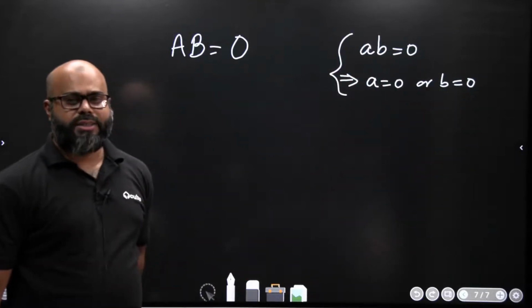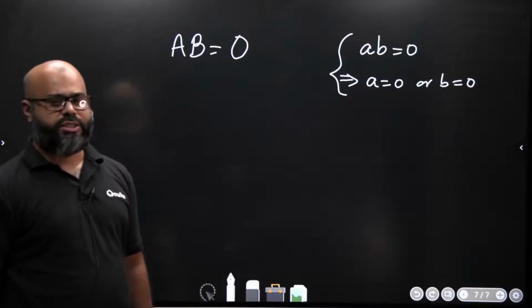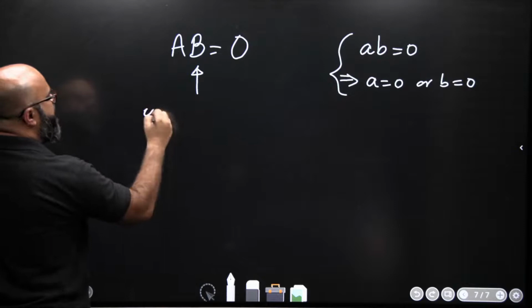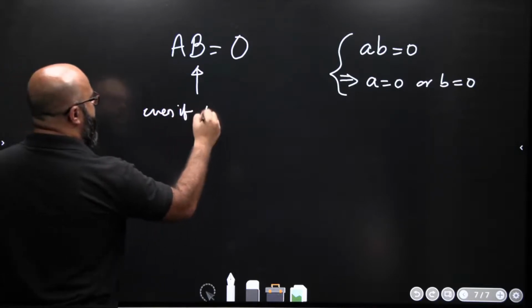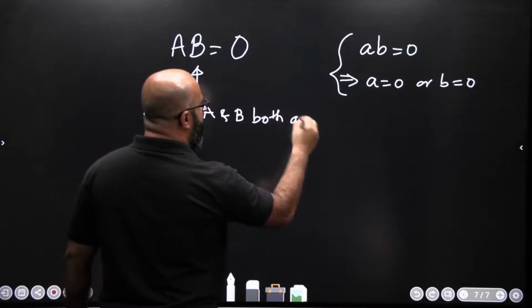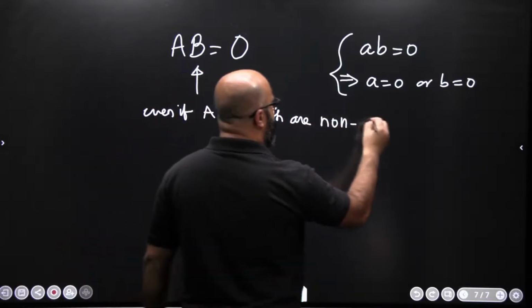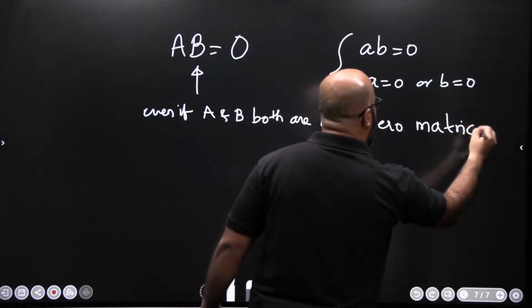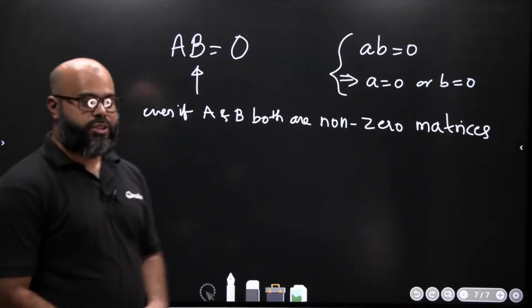But in the algebra of matrices, it is not necessary. That means A B could be equal to a null matrix even if A and B both are non-zero matrices. So even if both are non-zero matrices, their multiplication can still be a null matrix.